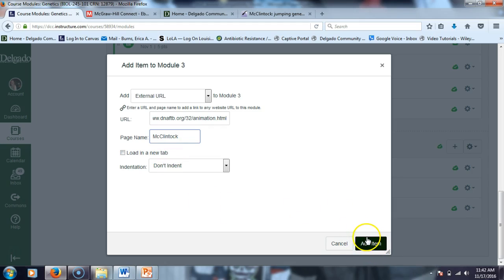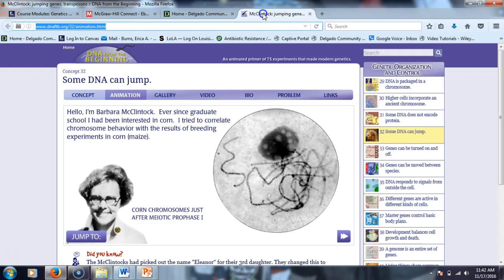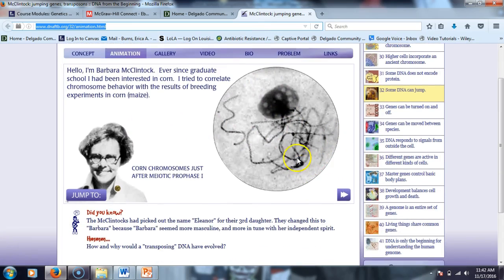Okay. Turn it on. Okay. So she was literally looking at chromosomes under the microscope, y'all, and noticing these phenomena that were happening. And then, of course, she did just like Mendel. She did crosses, right?